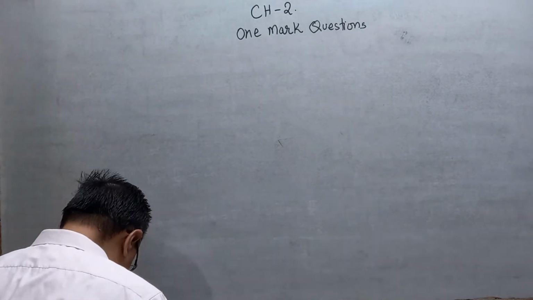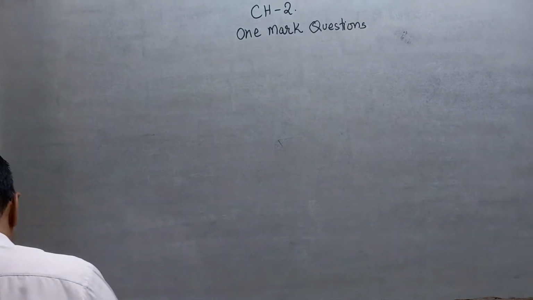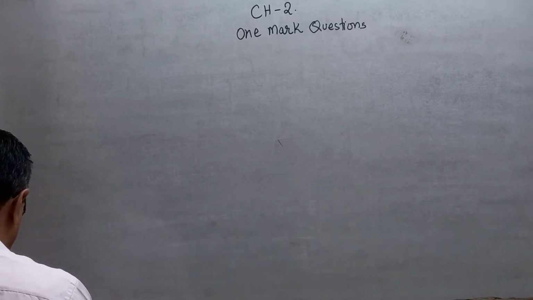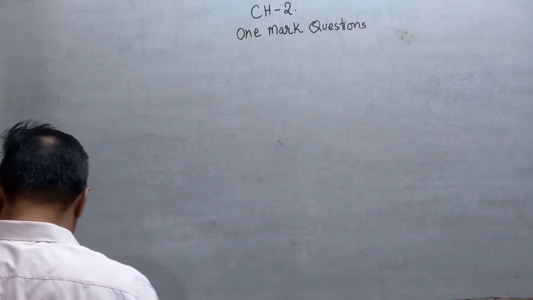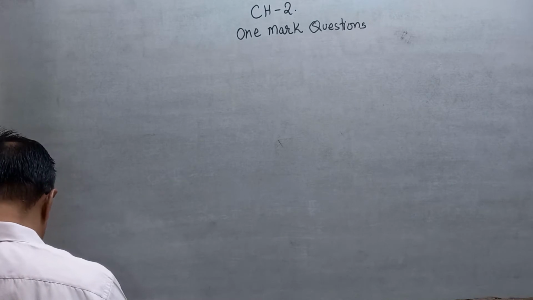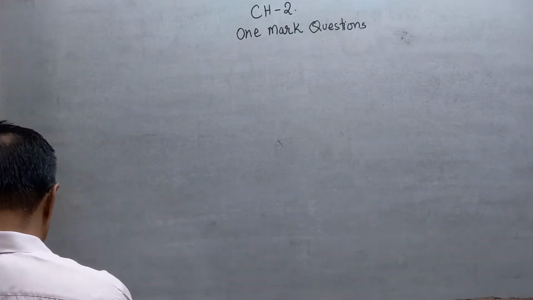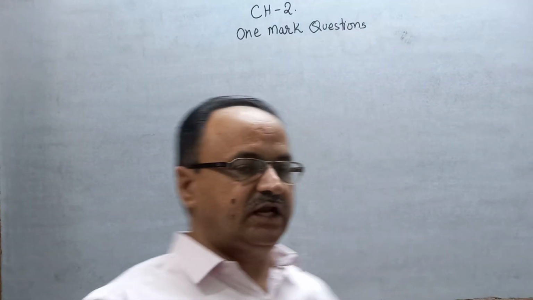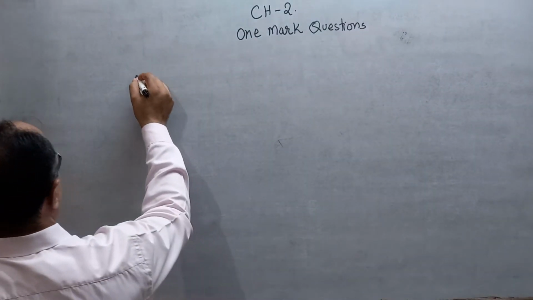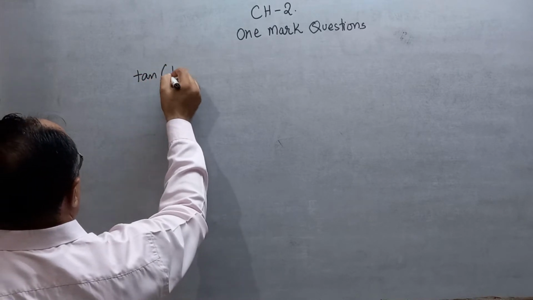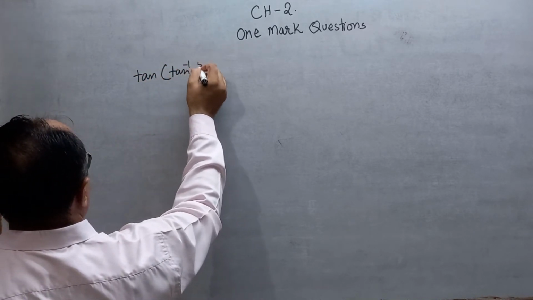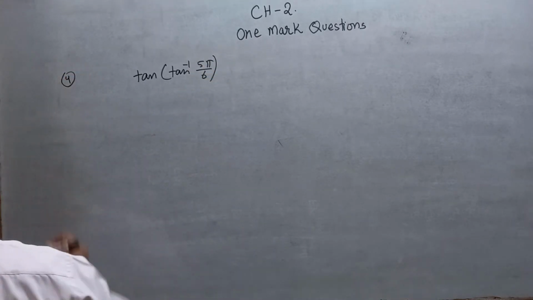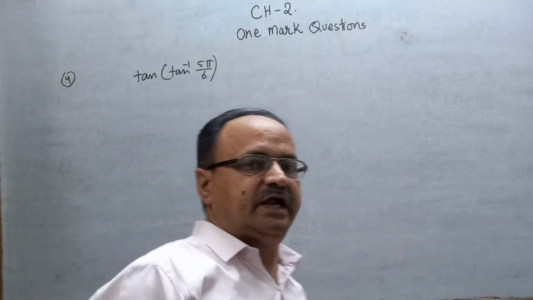Question number 4. Find the principal value of tan inverse of tan 5 pi by 6.